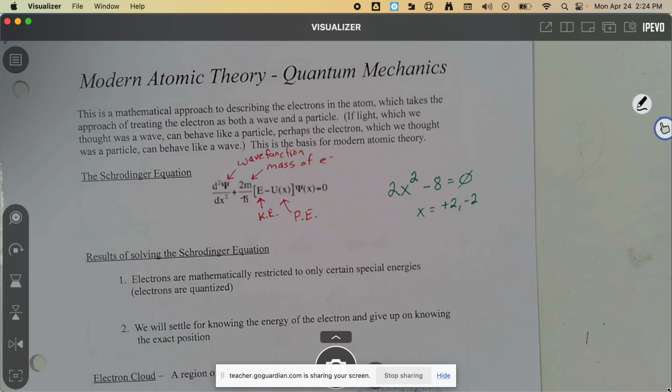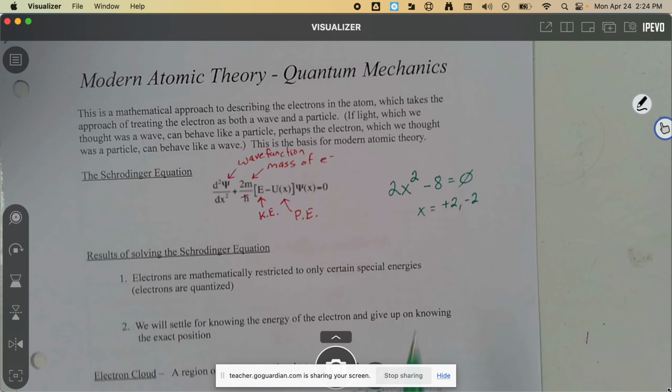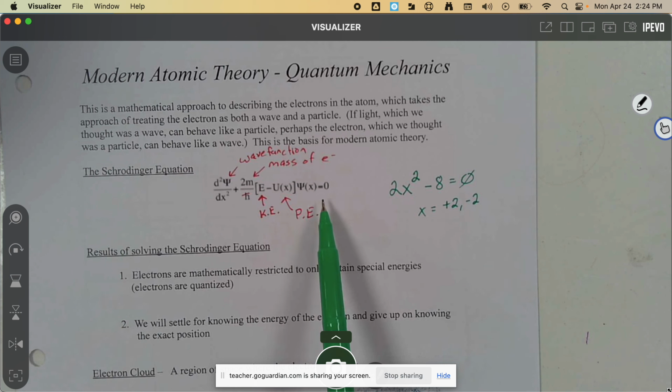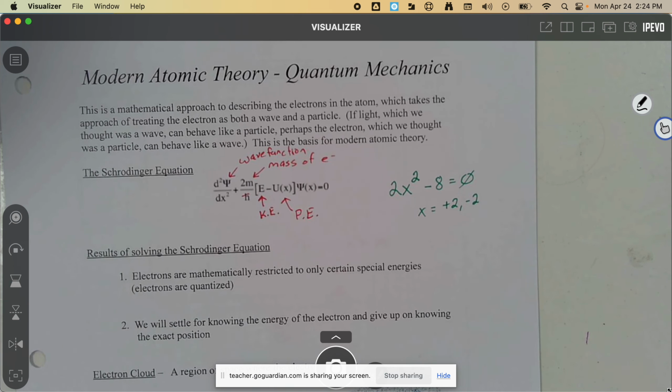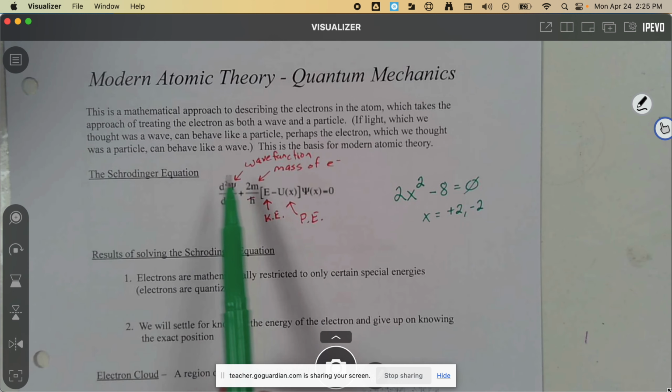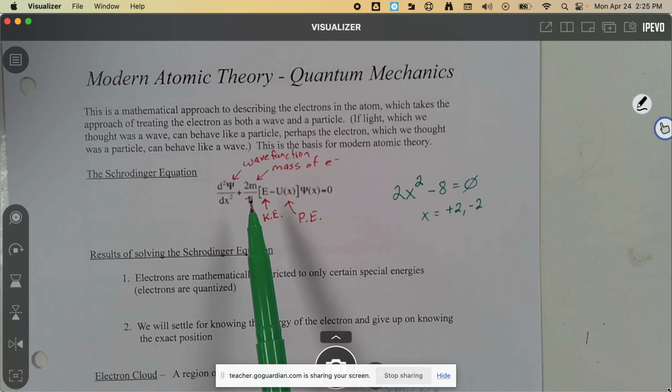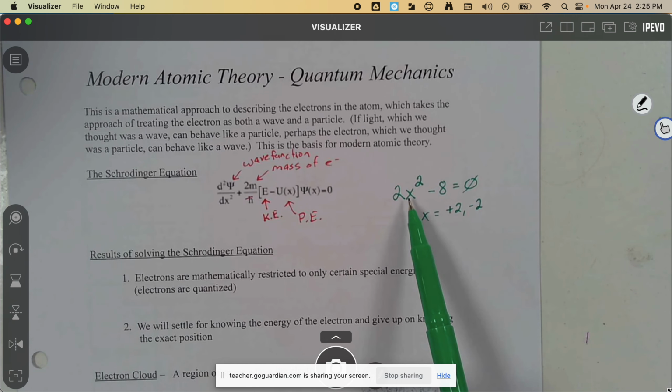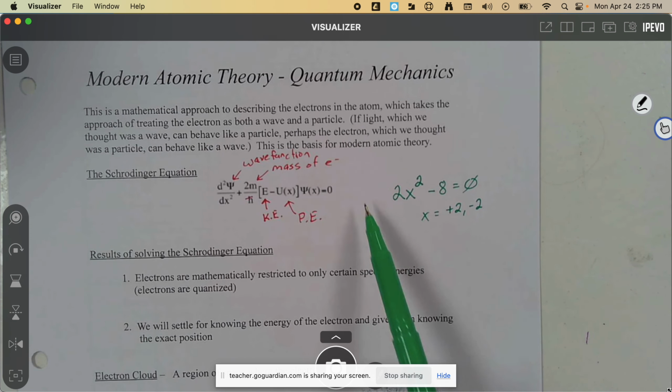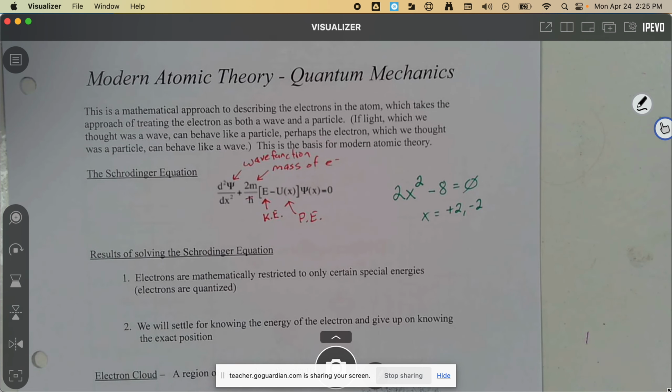Here's all you need to understand about Schrödinger's equation. If you have an equation that's equal to 0, there are a limited number of correct answers. The allowed energies for the electron are the things that make this true, just like the allowed values for x are the things that make this true. That's all you need to understand about Schrödinger's equation.